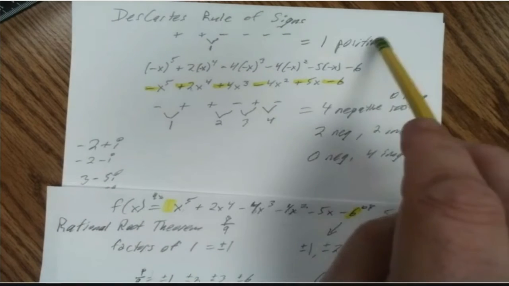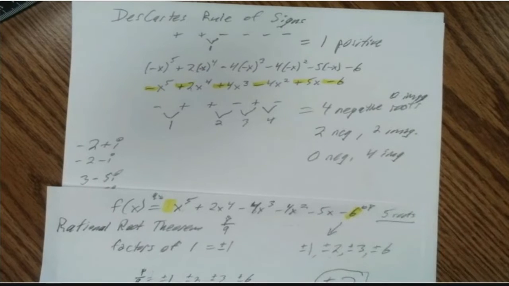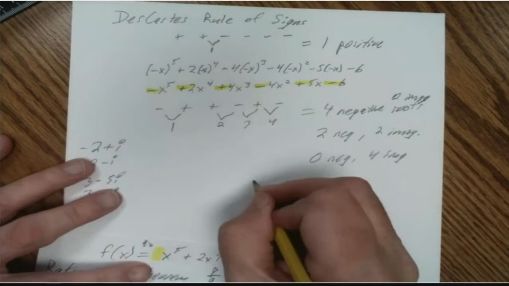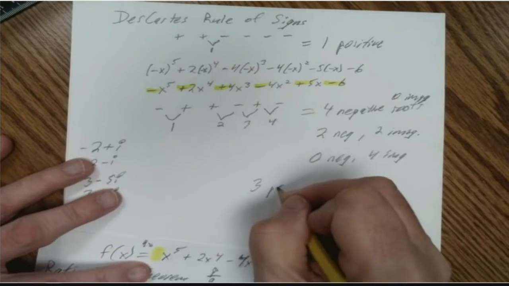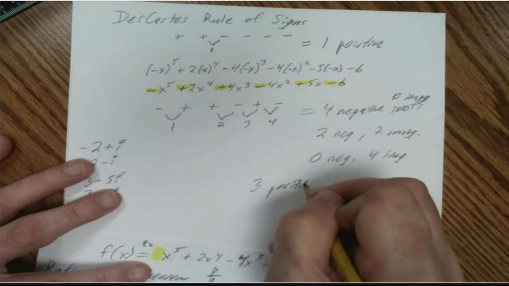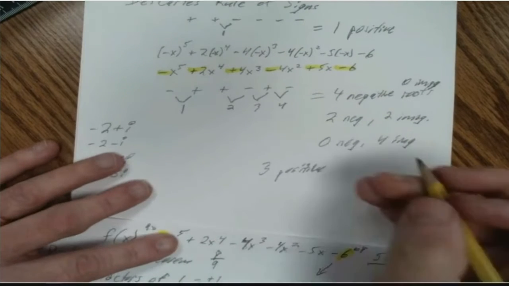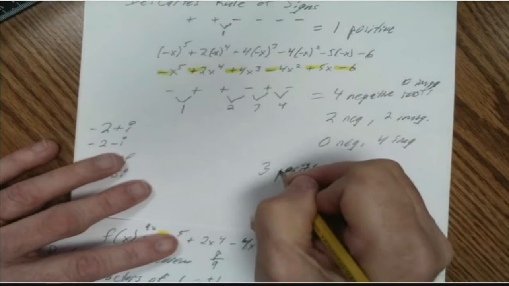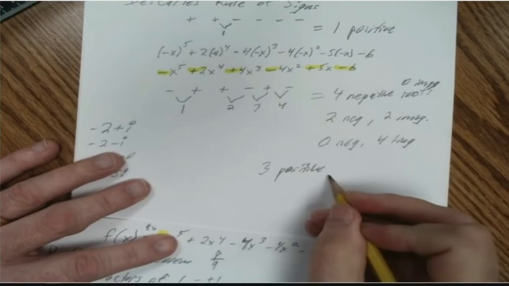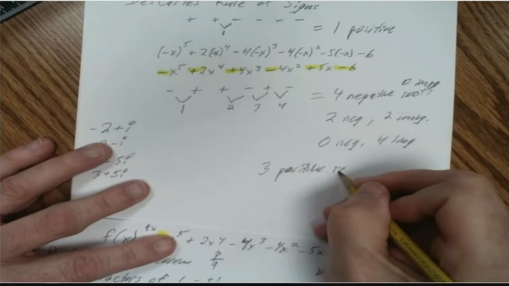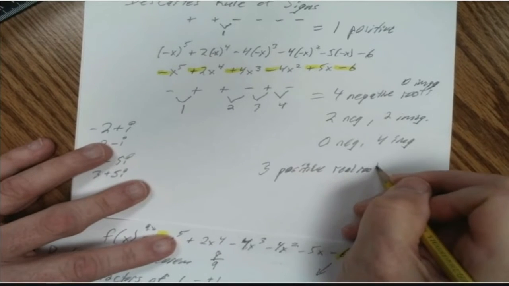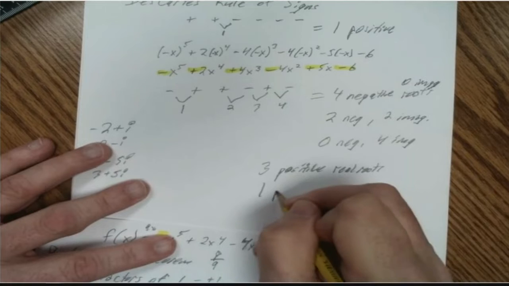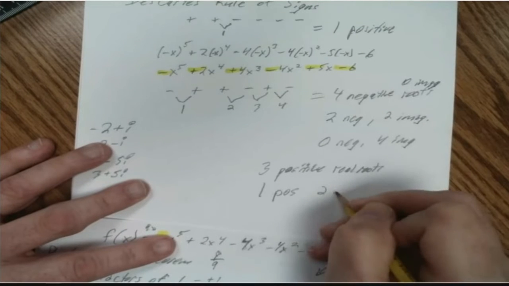We do know one of them is positive, because if this comes up where there's 3, let's say there was 3 positive, that means there could be 3 positive real roots, or there could be 1 positive and 2 imaginary.